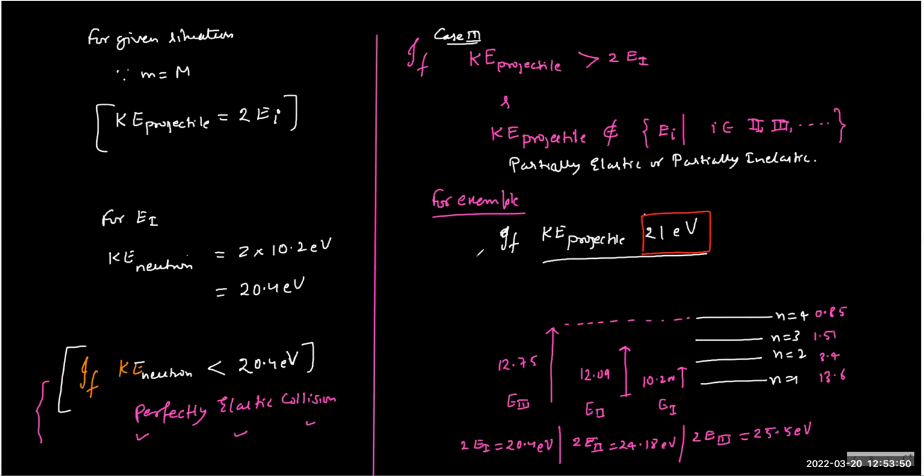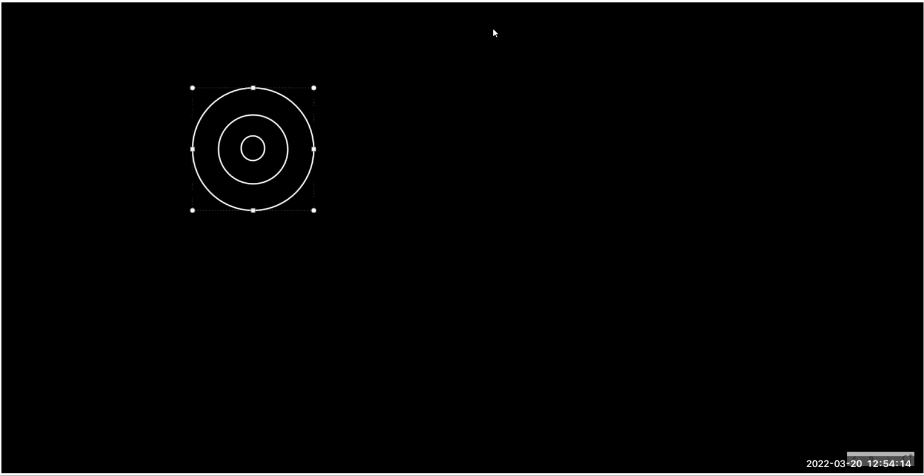So here, the neutron will give partial energy, and so what you can write is that here something interesting happened. So electron will make the transition from here to here and will absorb this energy, and the system will have some kinetic energy.